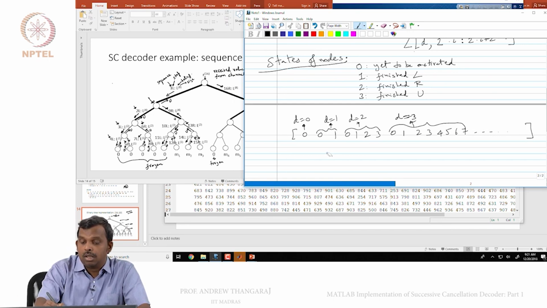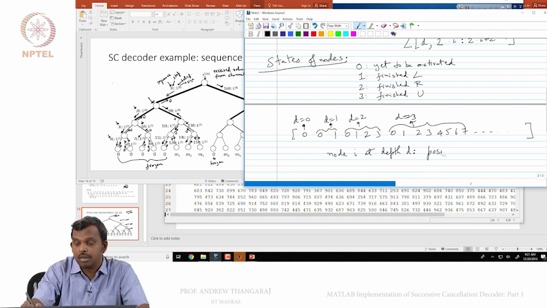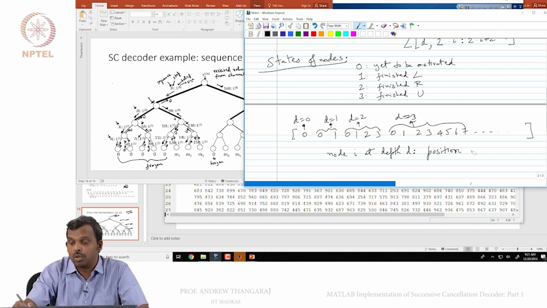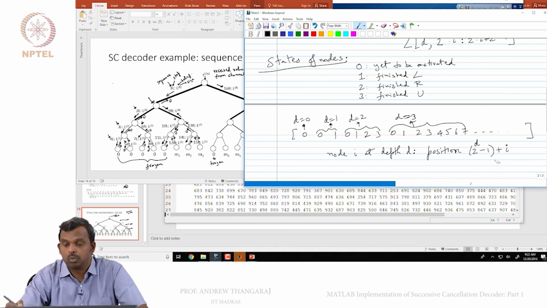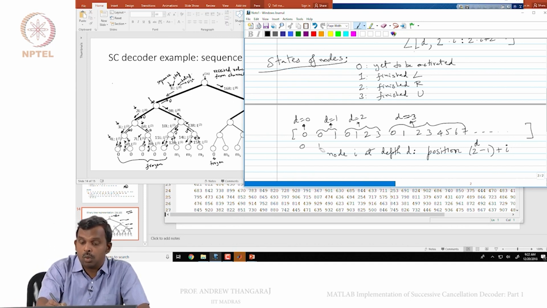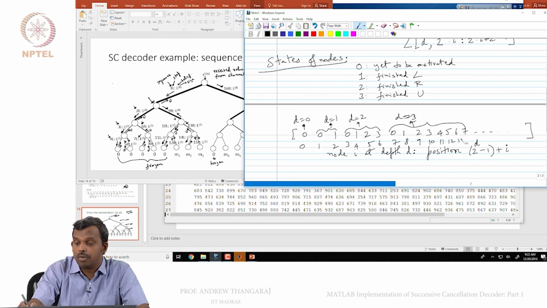So in general, node I at depth D will be at a position where, if you look at depth 3, it had 7 before, so it's going to be 2 power D minus 1, plus I. Remember the overall count is 0, 1, 2, 3, 4, 5, 6, 7, 8, 9, 10, 11, 12, 13, 14, and so on.